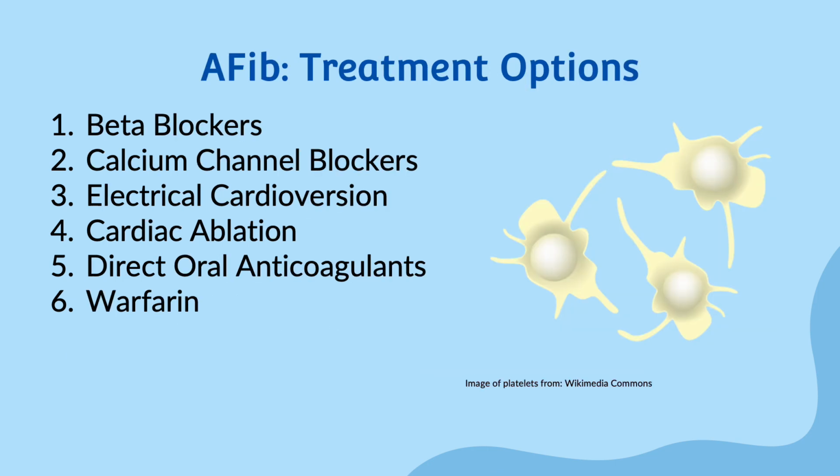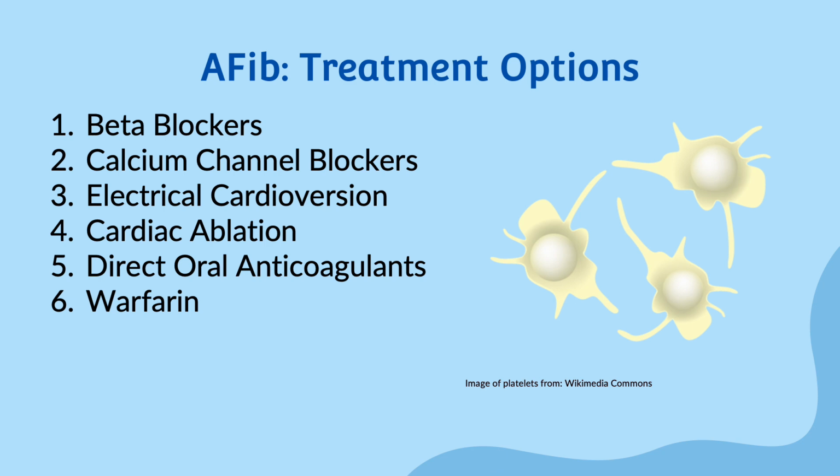For this reason, anticoagulation should be considered for patients with atrial fibrillation based on their risk of stroke. This can include medications such as warfarin or dabigatran, which can help to prevent blood clots from forming. Typically, the DOACs, or direct oral anticoagulants, are preferred. These again include dabigatran, rivaroxaban, and apixaban, amongst others.